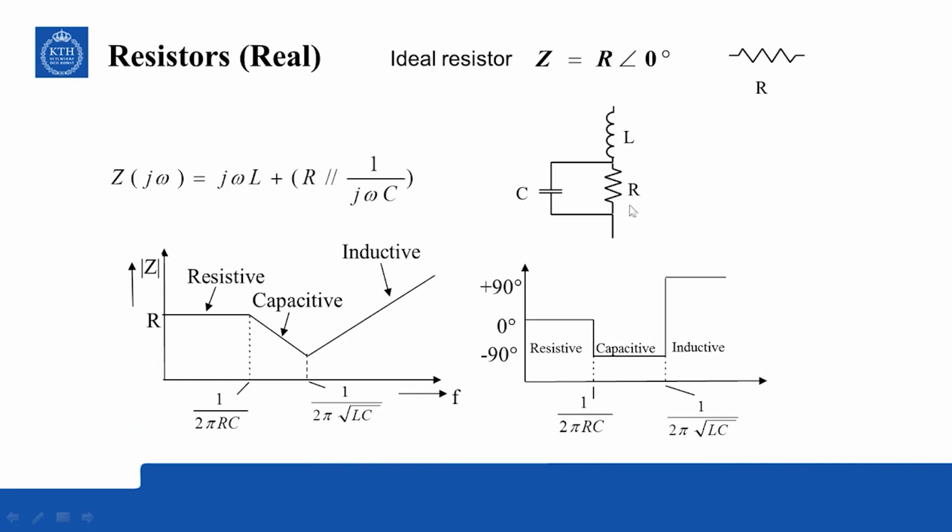Consider a real resistance R. Due to the leads and the construction of the resistor, it has some parasitic inductance L and some parasitic capacitance C. Now, at DC the parasitic capacitive impedance is very high, and it reduces as the frequency increases.